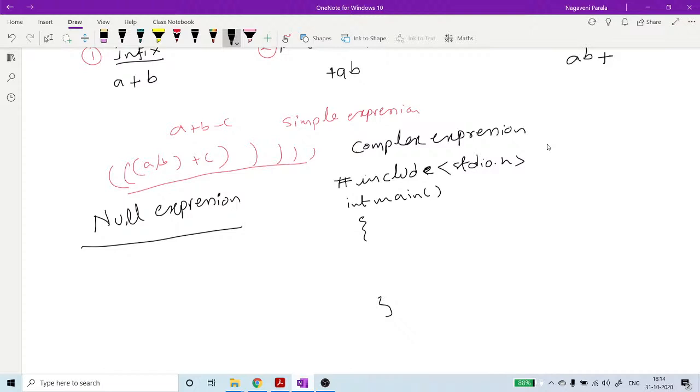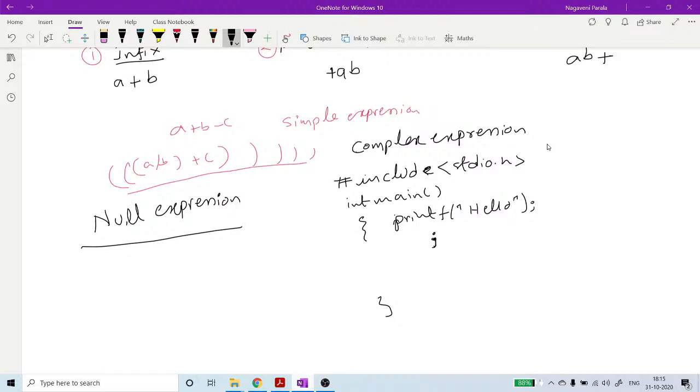Suppose I have written a simple statement printf hello, and then I have kept only a semicolon. In this line I didn't do anything, I just kept a semicolon. So this is called a null expression.